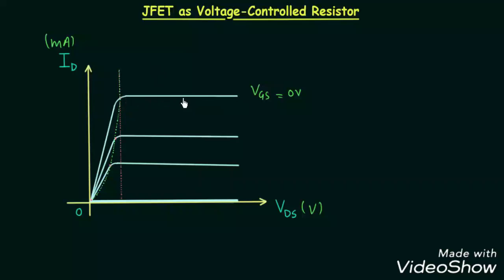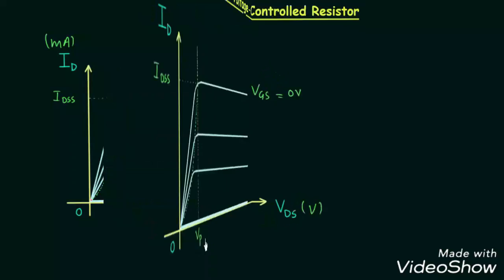You can see current ID is constant and it is equal to IDSS, and this point on the curve is where the pinch off is happening, and the corresponding x coordinate is the pinch off voltage of the JFET.